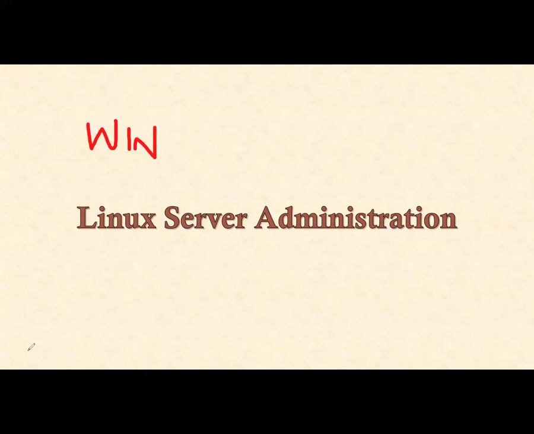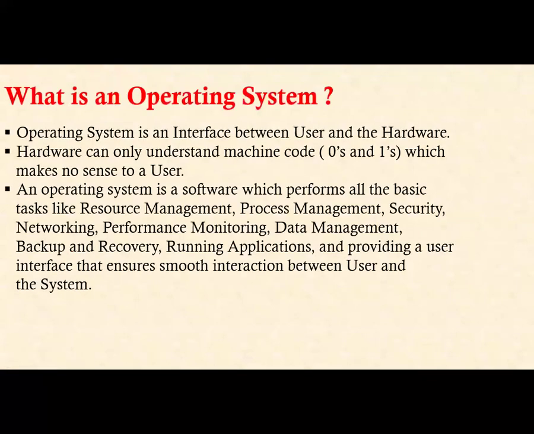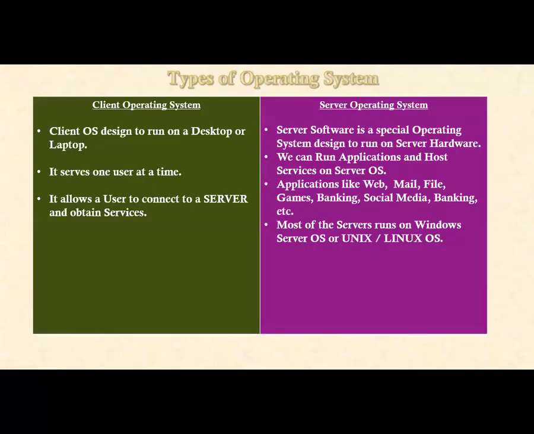Client operating systems, we know this very well. They are designed only to run on a client machine, that is on a laptop or a desktop. That is not the discussion for today, nor for any of the coming days. Our discussion is majorly on the server operating system.